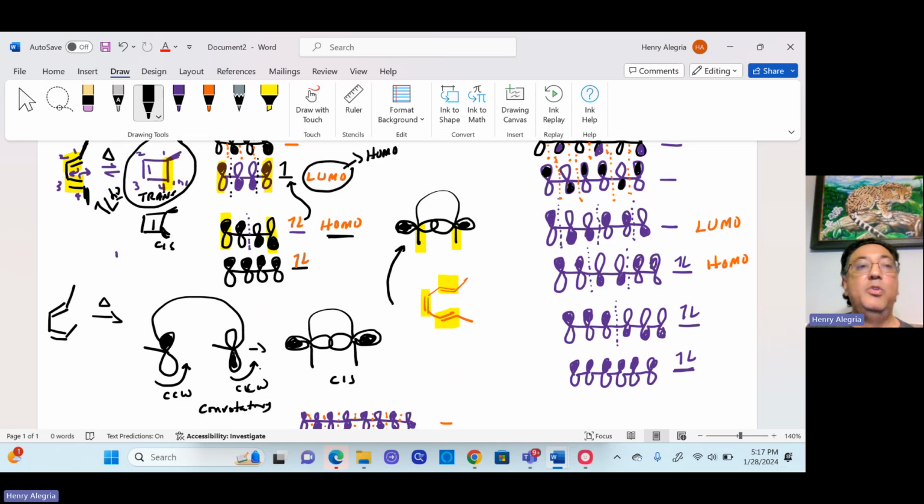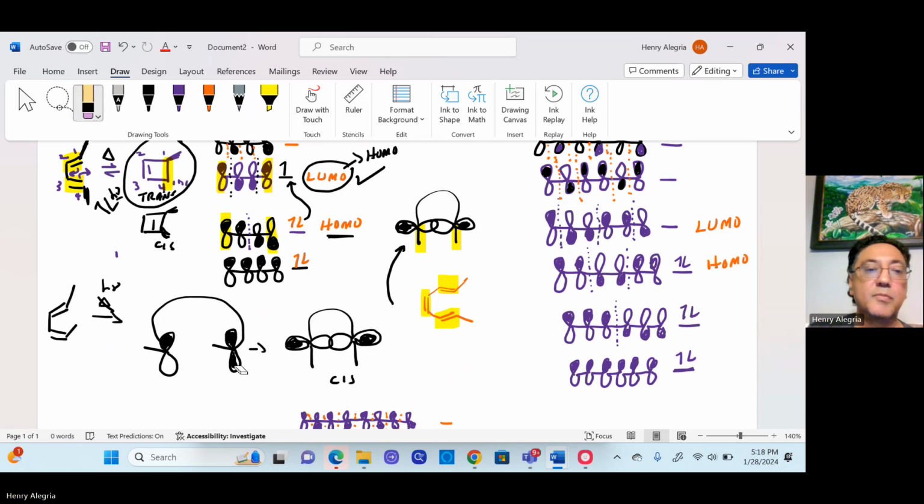Now, what if I were doing this, but I'm not using heat, I'm using light? Then the LUMO becomes this one. In this one, notice the two terminal ones are shaded up. So the difference is going to be, I have to now show both of them being shaded up, right? Everything else remains the same. So therefore, when I rotate counterclockwise here, I place my unshaded on the right, shaded on the left, the methyl group points down.